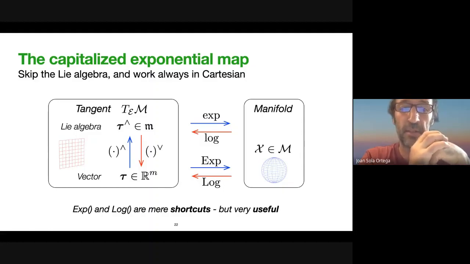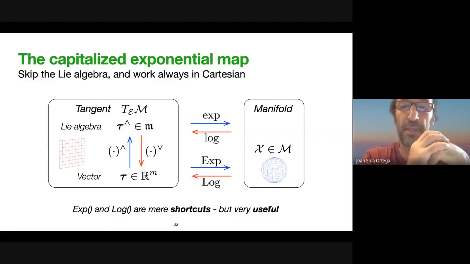On the bottom is the Cartesian form. You have the hat and V operators to go from one to the other. These are linear operators. And then from the Lie algebra to the manifold, you have the exponential and the logarithm to go back. The capital exponential and logarithm are shortcuts to perform the two operations.